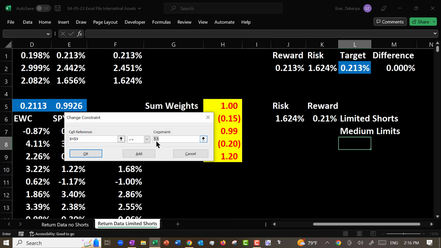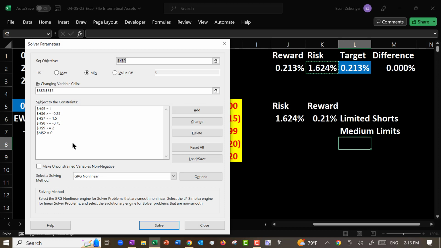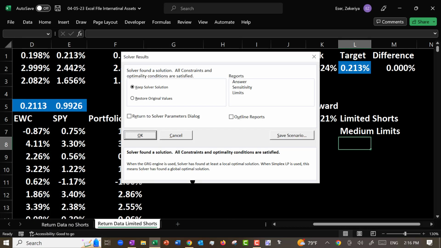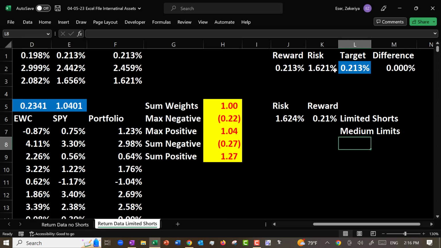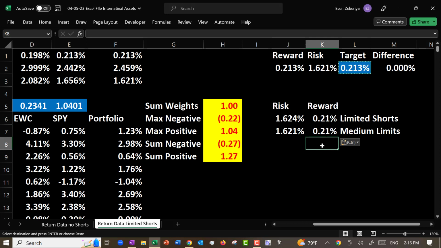The rest are pretty much the same. So I allowed a little bit more shorting. As you can see, it didn't reduce the risk too much. So allowing really unlimited shorting probably is not going to do too much.